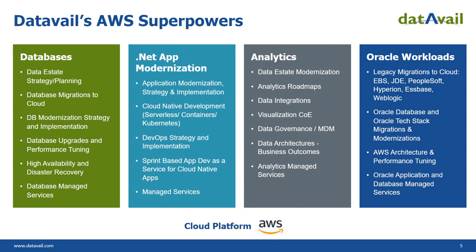We are into databases and analytics, a strong area for database management, building data warehouses, and data lakes. Also, we have business units around .NET, app modernization, and Oracle workloads on-prem or migrating them to cloud.